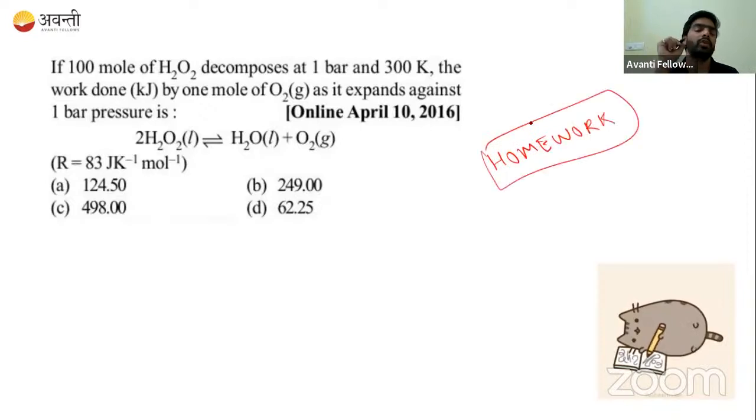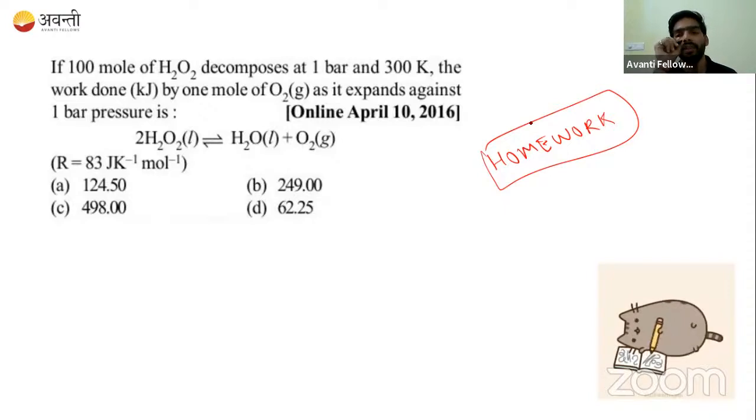Just try to note down the questions and then try on your own, like what options you are getting. If you want a hint, here is the hint. It is telling about the work done. Work done is nothing but minus P delta V. PV is nothing but nRT, right?